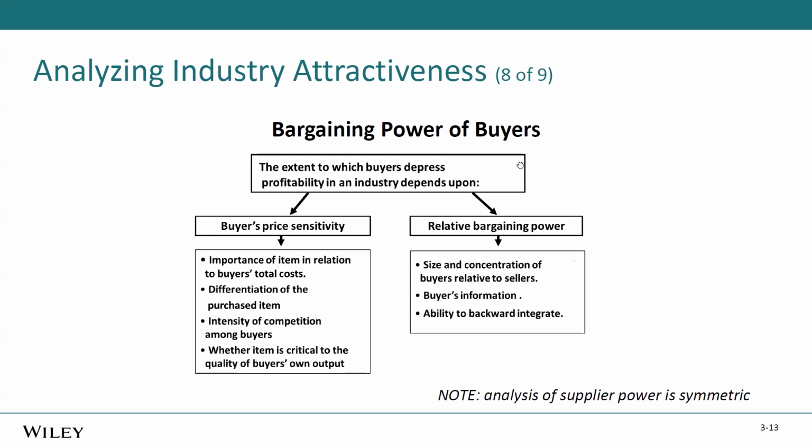Bargaining power of buyers, which is, again, going to be identical or symmetric to the bargaining power of suppliers. Just in one case, we're the buyer from our suppliers. In another case, our buyers are buying from us. Well, what determines the bargaining power? There's a few different things. There's the relative bargaining power, and the concentration of the buyer's industry to the seller's industry is key here. One good example of this would be the PC industry.